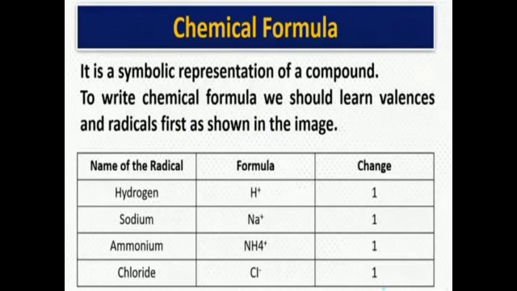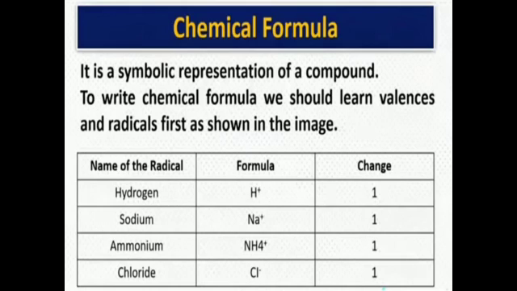The valencies or charges on the ions must balance. If you want to write a chemical formula, the ions that have valencies and charges should be balanced. Second, when a compound consists of a metal and a non-metal, the name or symbol of the metal is written first.